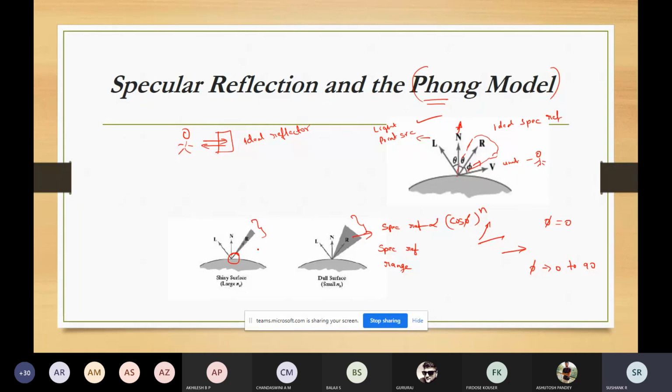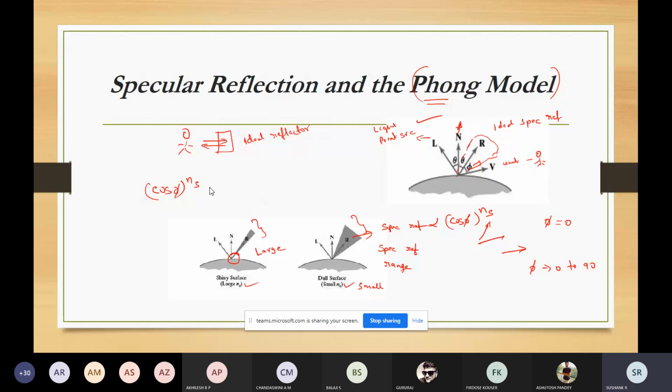For shiny surfaces, the value of ns will be large, and for dull surfaces, the value of ns will be small. So Phong developed a model which sets the intensity of the specular reflection proportional to cos phi power ns, with ns as an exponent.